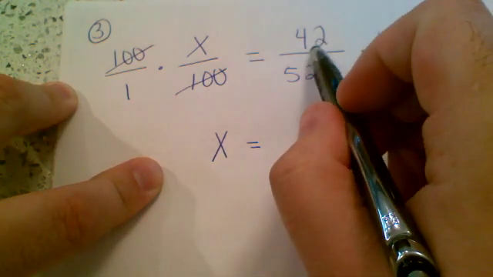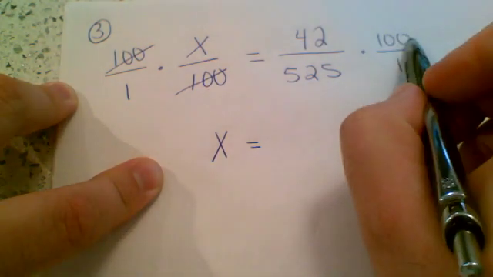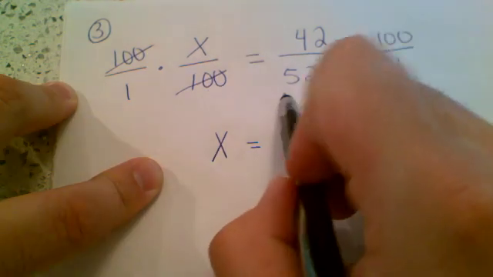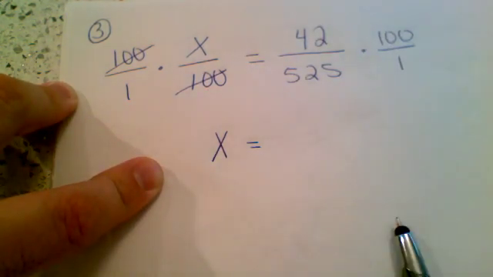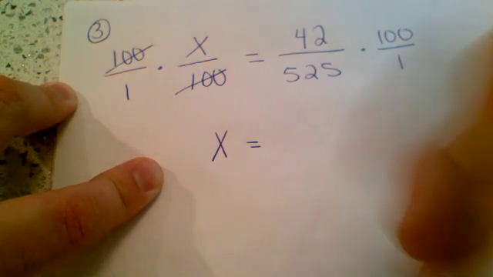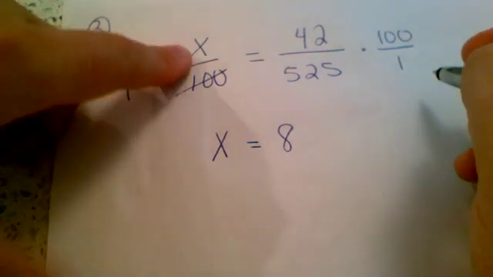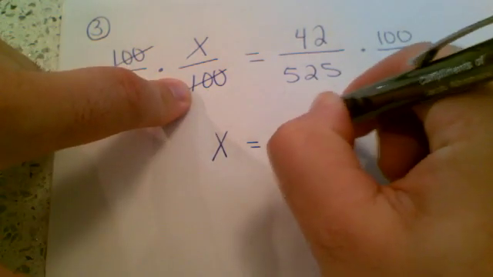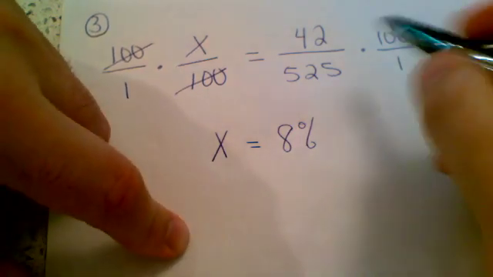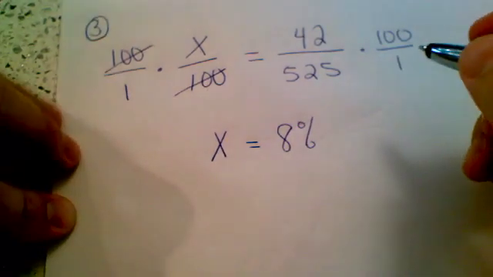And on the calculator, we multiply 42 times 100, and then we divide by 525. So we get 8. And because we're asked to find a percent, 8% is our answer. So the label is a percent sign.